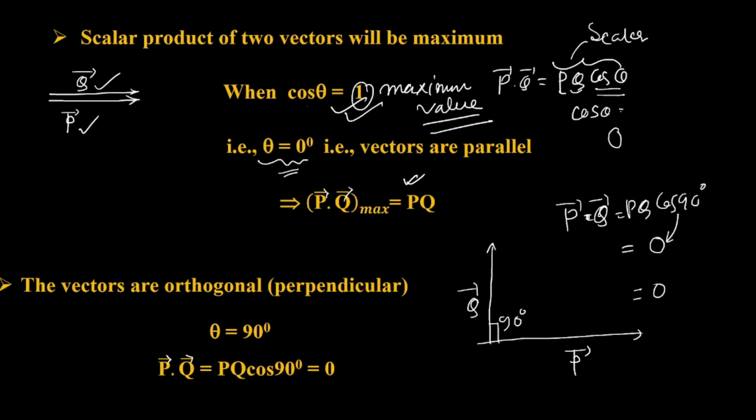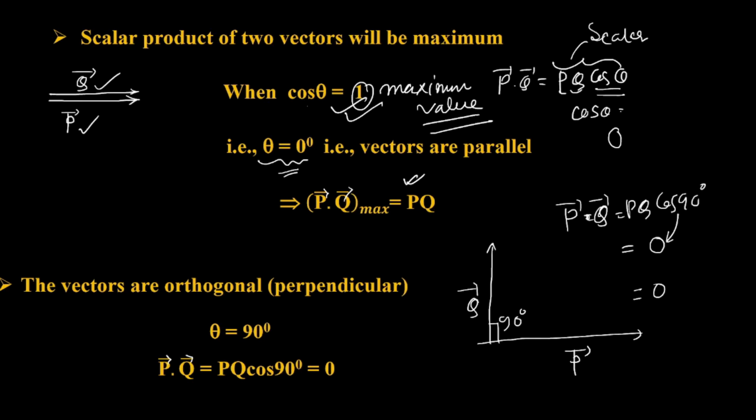If we are given two particular vectors and asked to prove that these two vectors are perpendicular to each other, then we'll always go for the dot product between these two vectors. If the dot product comes out to be 0, then certainly we will say that the P vector and Q vector are perpendicular to each other. So this is one proof to prove that the given two vectors are perpendicular to each other. We'll take the numericals in my next videos.